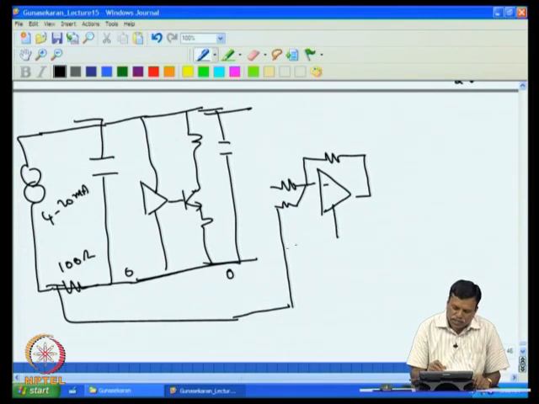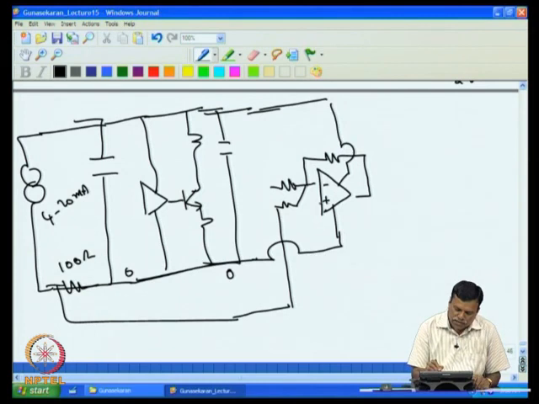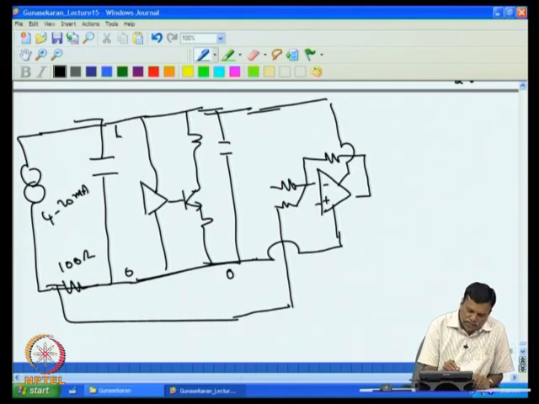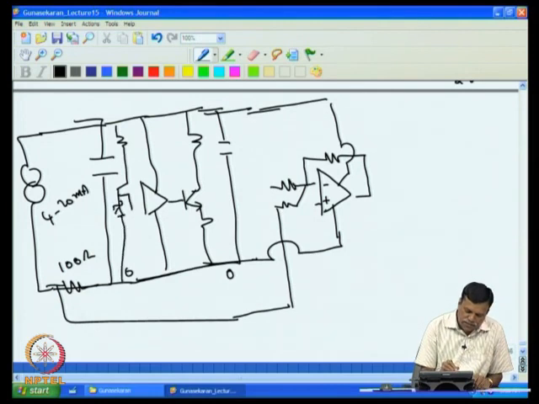So we have to work this op-amp also in single supply mode. So minus cannot be given to the input. The input should always see positive voltage, and then the plus can be given to V reference, because here we have the V reference at this point, which is given to this, and the output is compared here. So this V reference voltage itself can be used for this purpose.